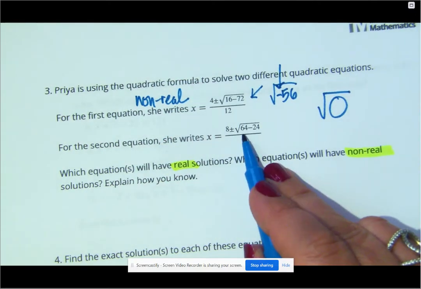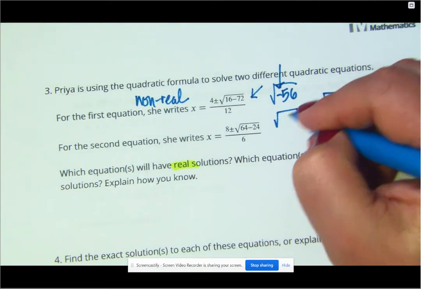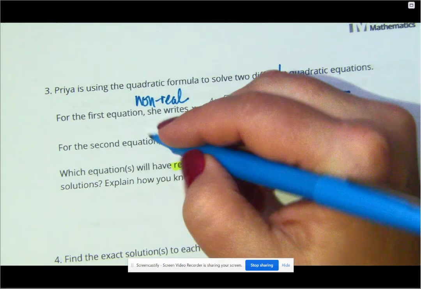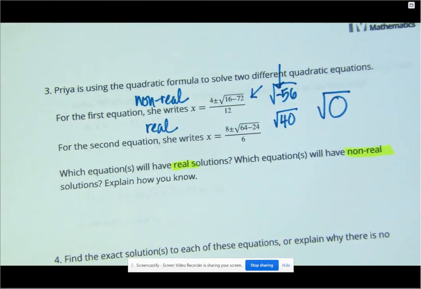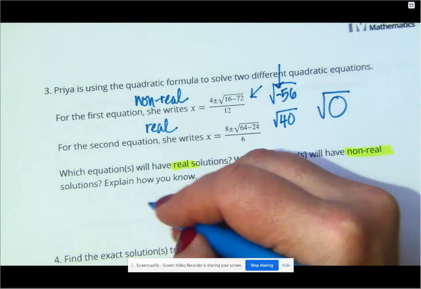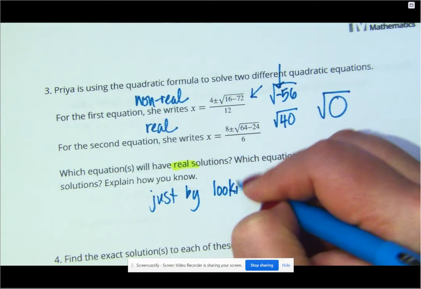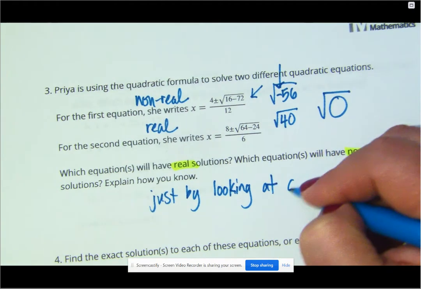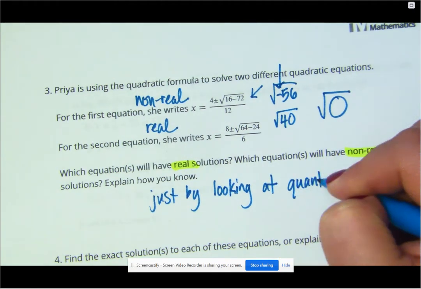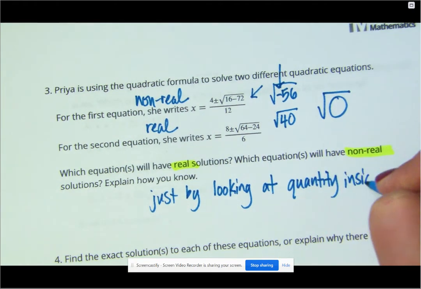And this one, what's 64 minus 24? That's going to be 40. Those are positive, which means I'm going to have real. How do I know? Just by looking at the quantity inside the radical.